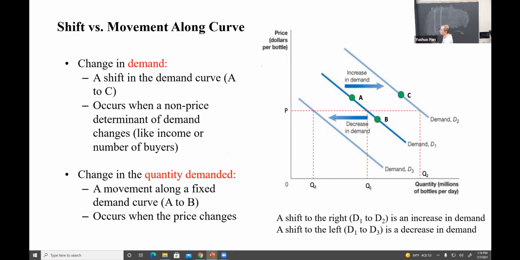You should remember them together. So only when the price of that product changes will the quantity demanded change. Other than that, a non-price determinant will change the demand curve, a change in demand. A shift to the right is an increase in demand, right? That's easy. A shift to the left is a decrease in demand.